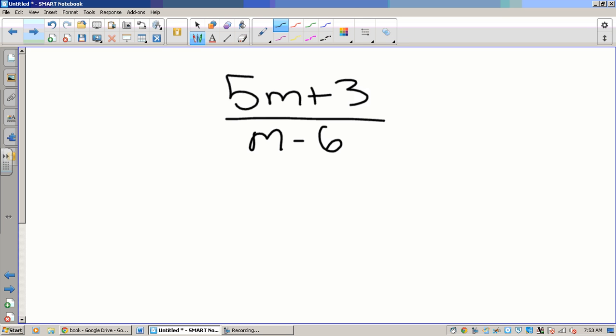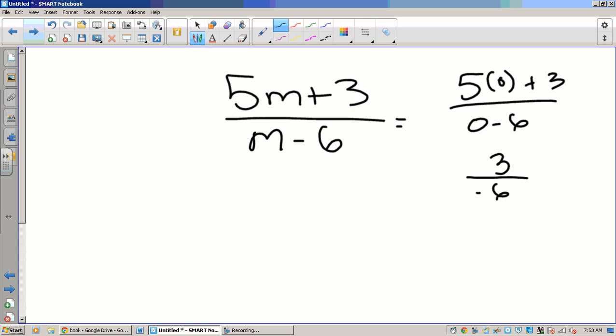Cole? 0. Okay, if I had 0, it would make it true. So let's just look at it for a second. You're on the right track, though. If we take 5 times 0 plus 3 over 0 minus 6, that would be 3 over negative 6, which is negative 1/2. That would still be a valid expression.